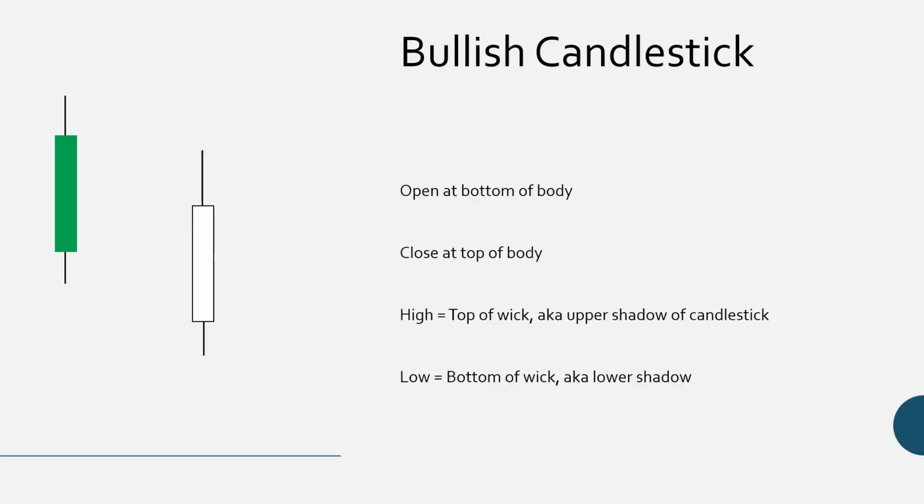Anytime you see a bullish candle, that means that the open is at the bottom of the body, the close is at the top of the body, the very high of the wick is considered the high of the price bar, and the low is the bottom of the wick. So all candles usually have a body, an upper wick, which is also called an upper shadow, and a lower wick, which is considered the lower shadow.